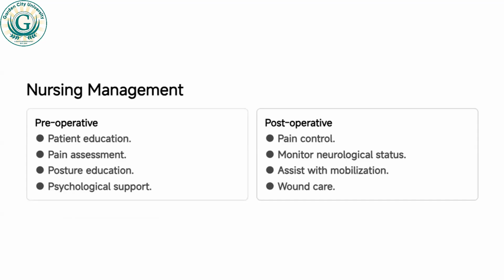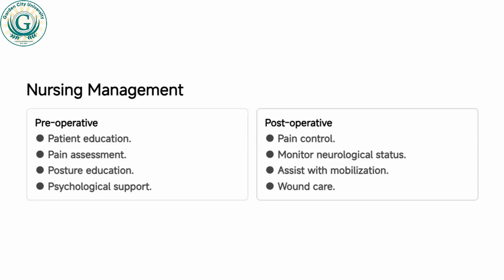So the nursing management here is the same thing. Pre-operative, we are going to educate the person: pain assessment, posture education. We teach the person before the person undergoes the surgery. Psychologically, we have to prepare the person to reduce anxiety, and then after the surgery we have to control the pain.